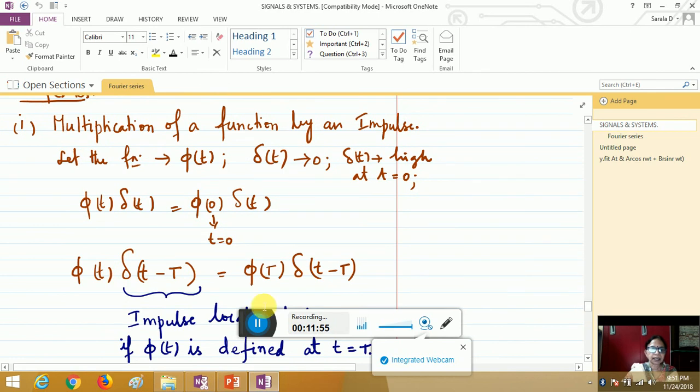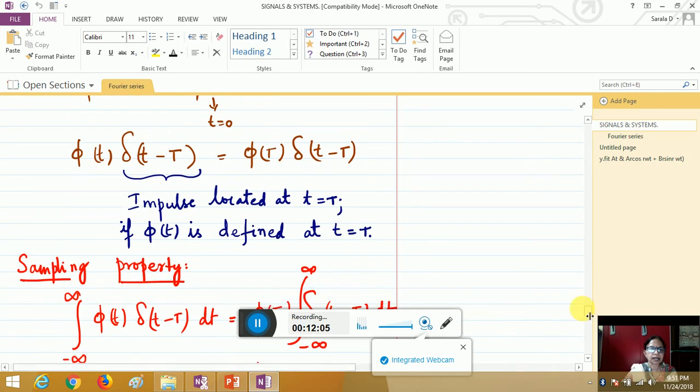Then this can be written as phi of t into delta of t minus T is equal to phi of T into delta of t minus T. That means the impulse is displaced from its location at 0 to T. The impulse is located at t equal to T. So if phi of t is defined at t equal to T, this is how you will write it. So this is how it is calculated.